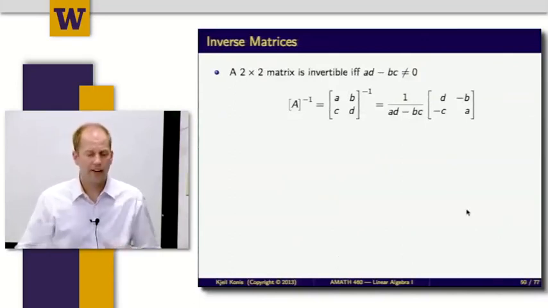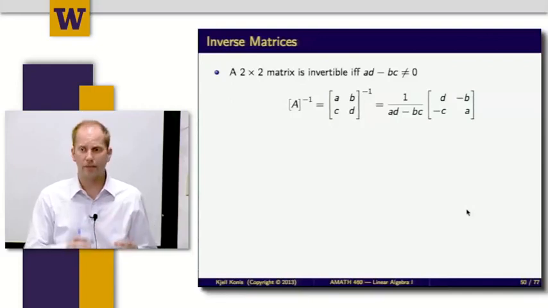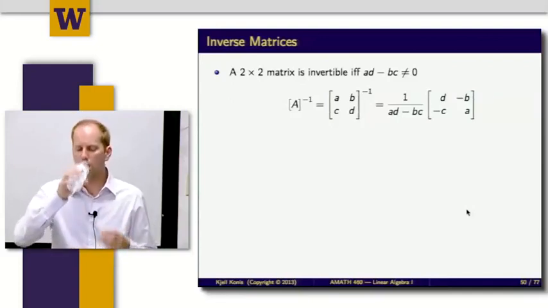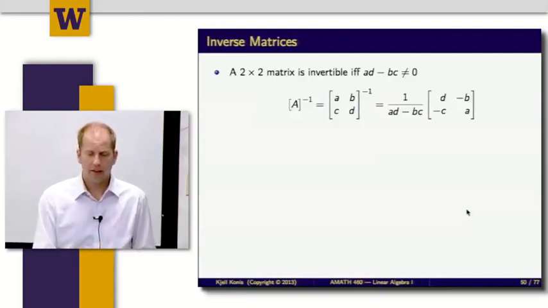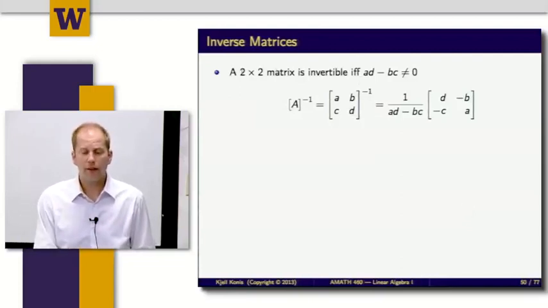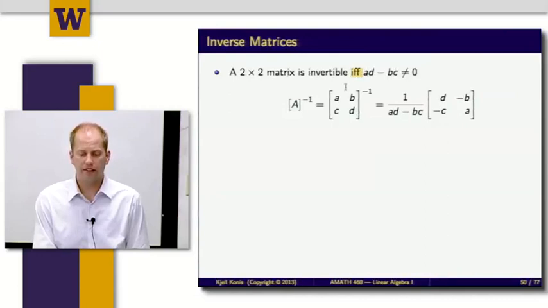In the 2 by 2 case, there's actually a nice formula for computing the inverse. So a 2 by 2 matrix will be invertible if and only if AD minus BC, and I'm just labeling the elements, so AB is the first row, CD is the second row, is non-zero.